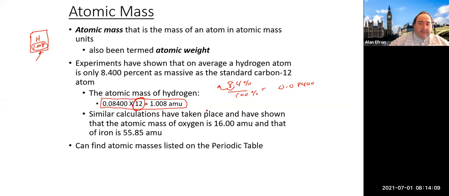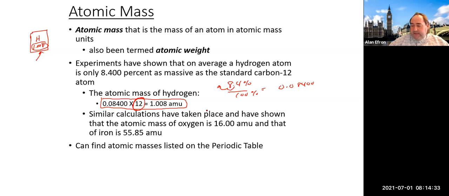That's a good practice for atomic mass, and later on, when you use it for molar mass, 4 significant figures is usually a pretty good one. Thus, we get something like 16 AMU for oxygen, 55.85 for iron. And on the periodic table, we can find the atomic masses listed for every element.